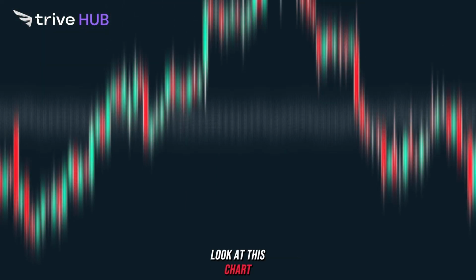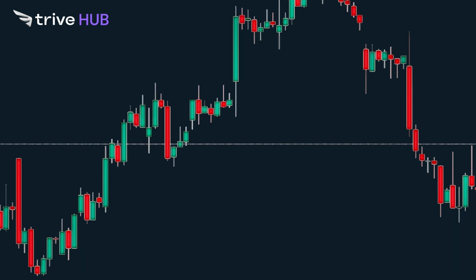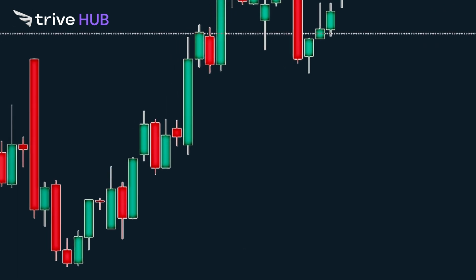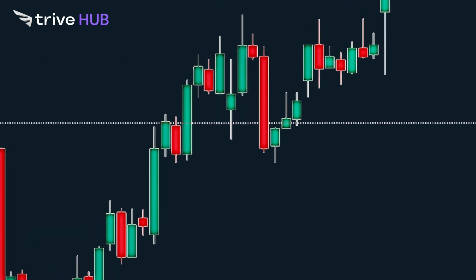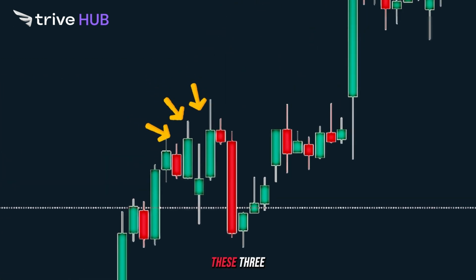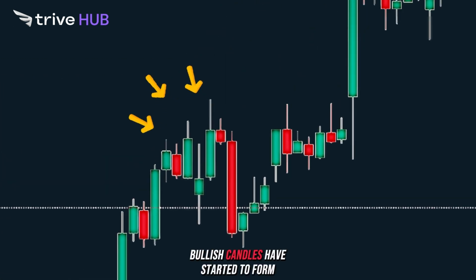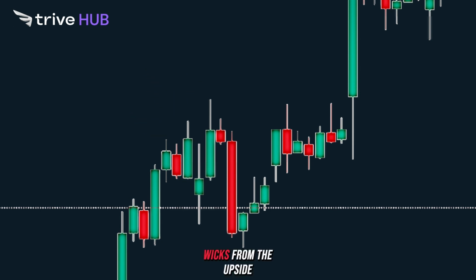Look at this chart. The trend has started from this point and it formed very good momentum bars here, but in the middle of this trend these three bullish candles have started to form some wicks from the upside and their bodies are closing around 60% of the size.